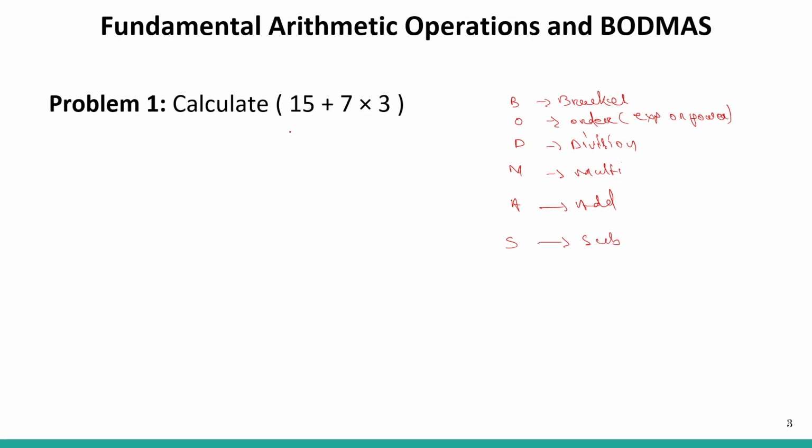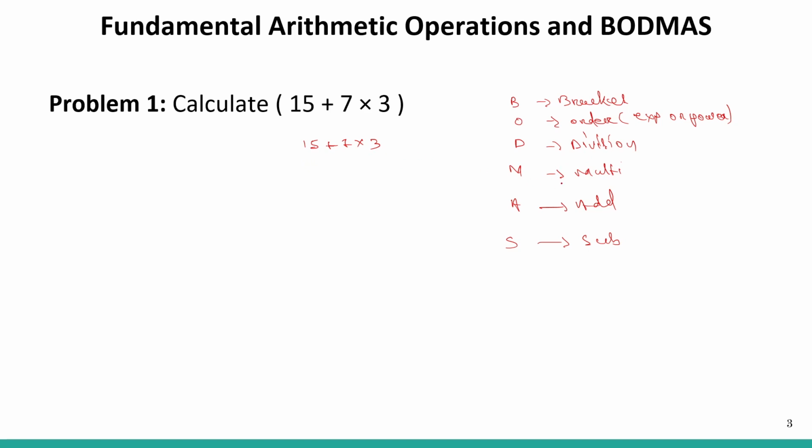We search for brackets first, and then we simplify further, that is 15 plus 7 into 3. Then we look for exponent or power, but there are none. We go further and look for divisions, and there is no division symbol involved here.